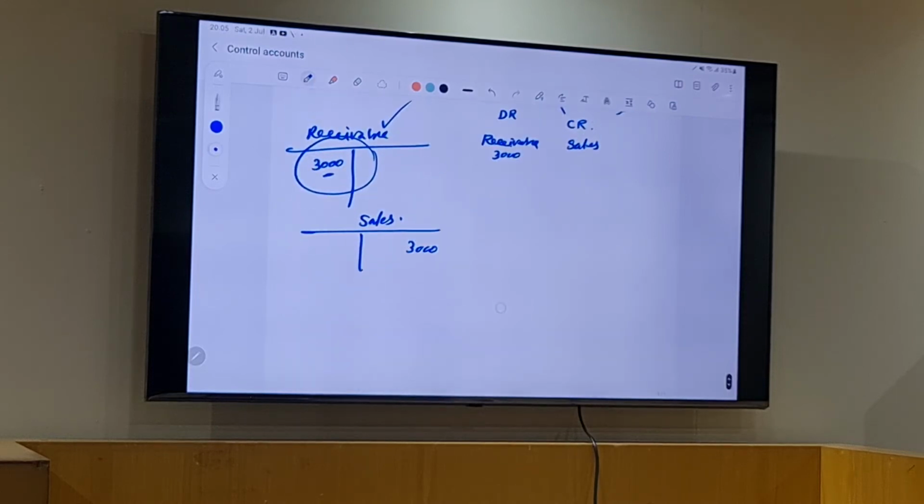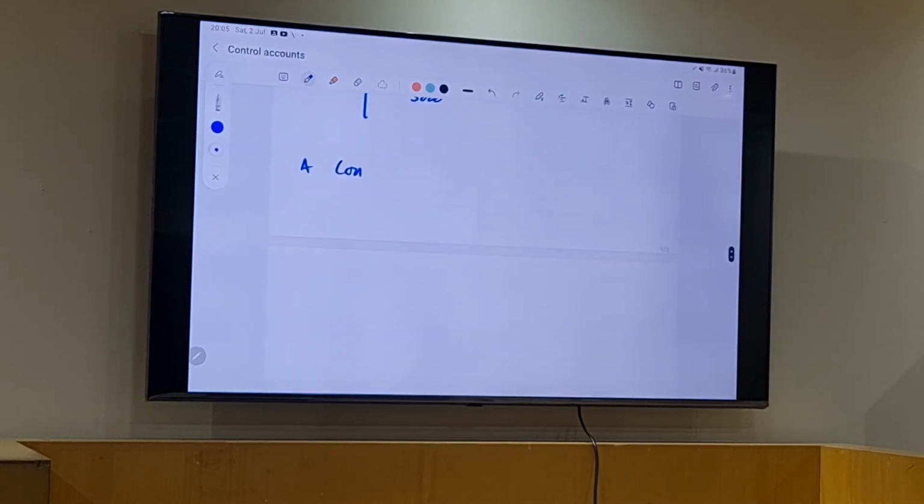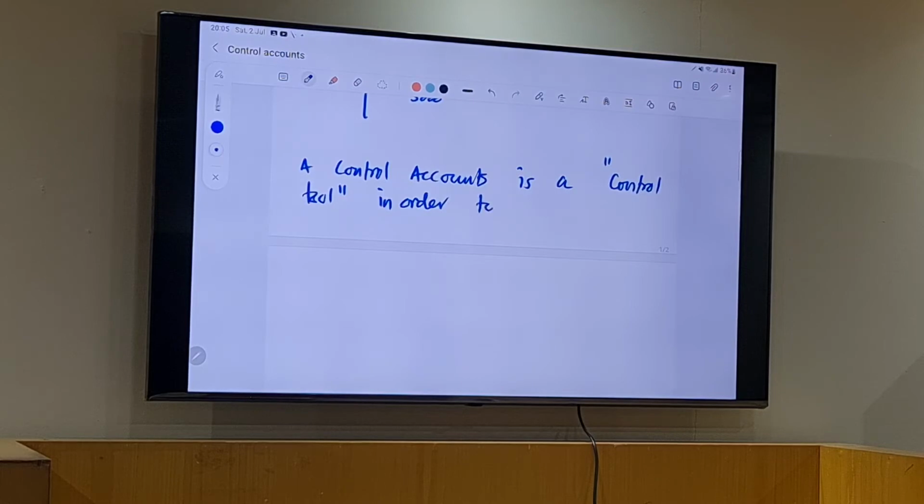So the control account is a control tool in order to ensure no fraudulent accounting practices.